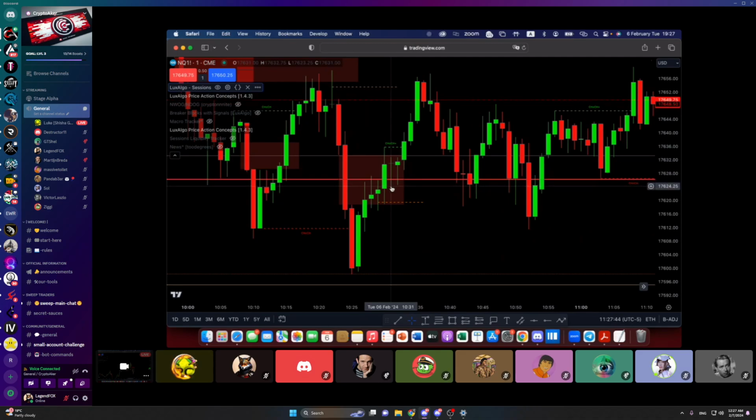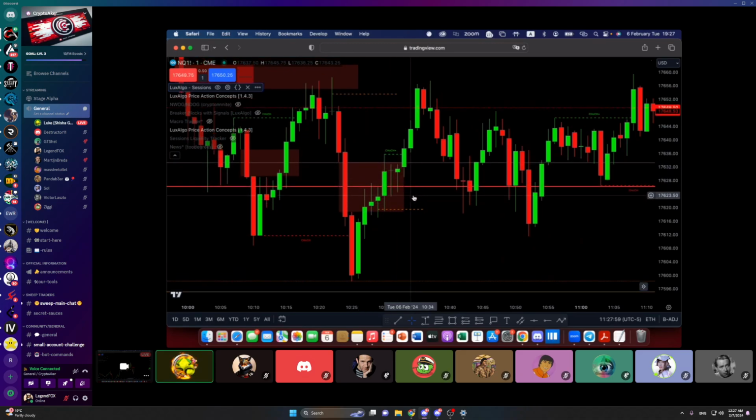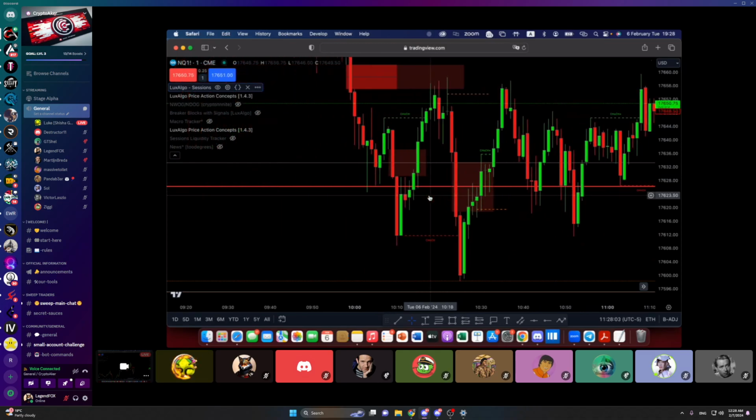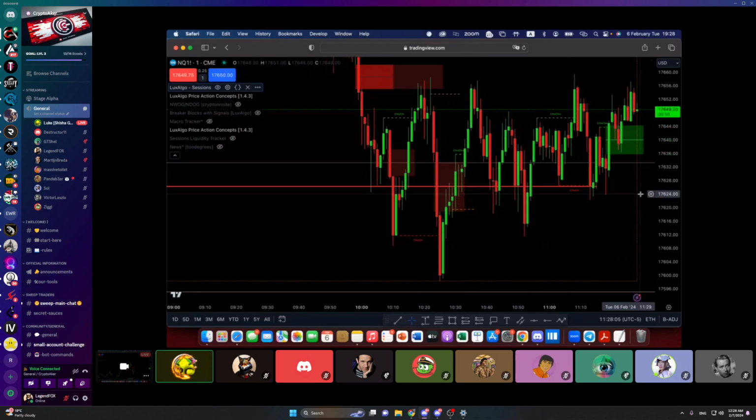It went down, touched the open of this candle to the tick, you see? To the tick, the body, opening price, and it went back up and closed near the close of this candle. Okay, this is immediate rebalance. So this means the market will go up fast, fast and fast. Boom. Okay, that was another confirmation I had on my chart.